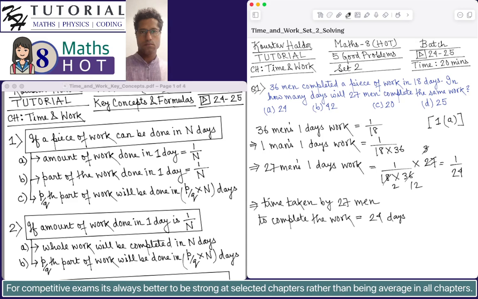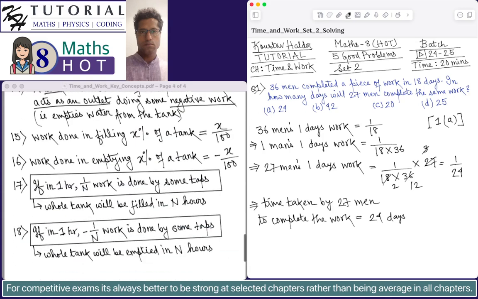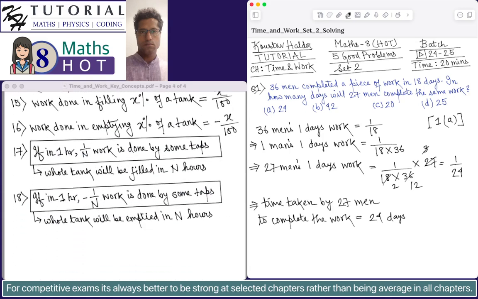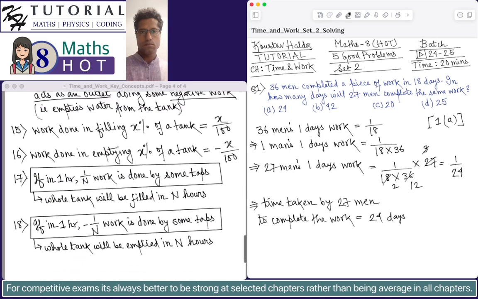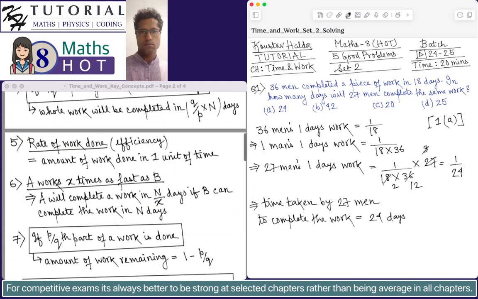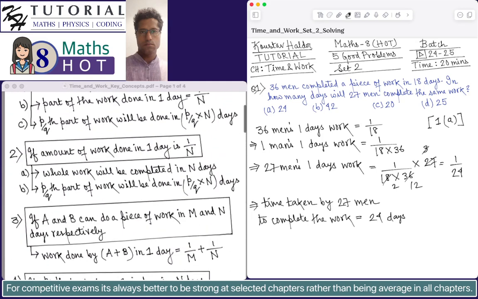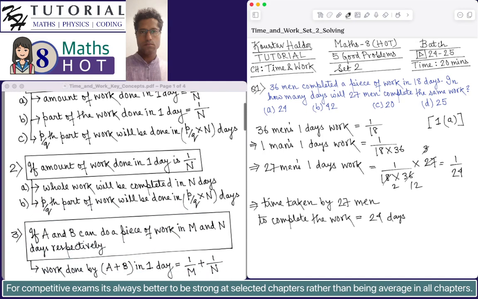Now for this, the concept applied was 2a.